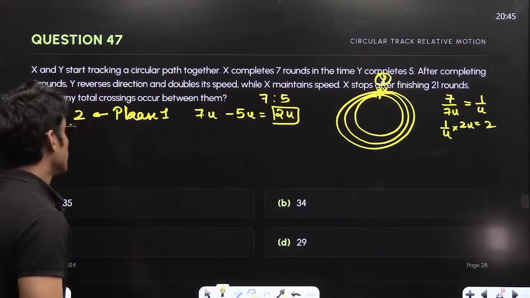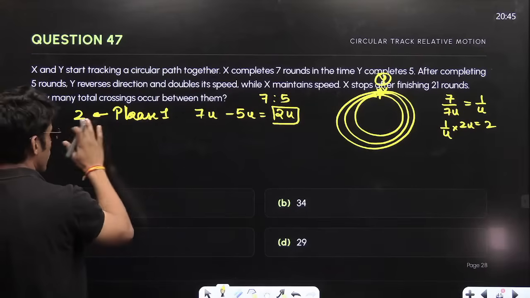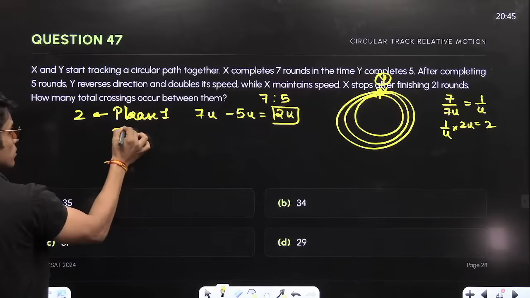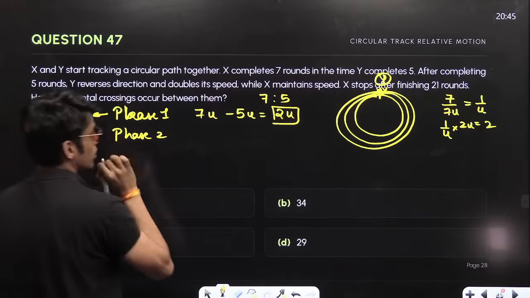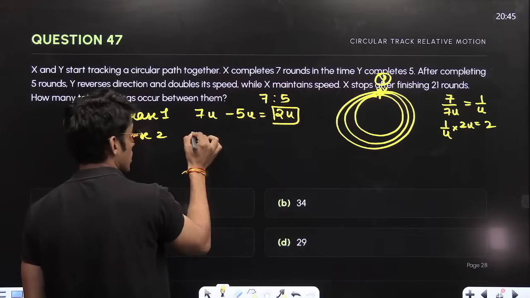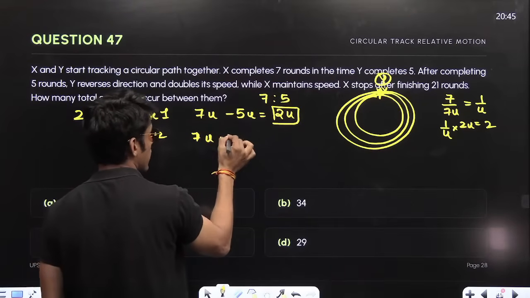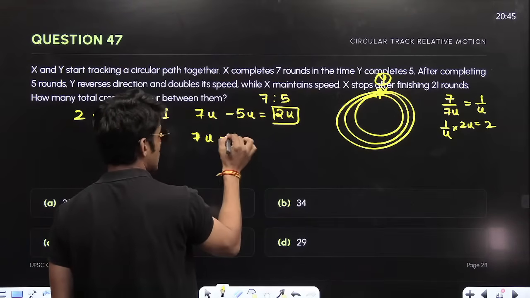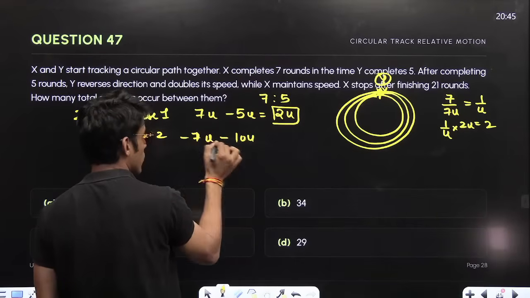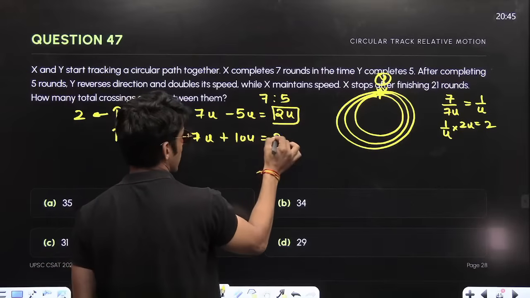Now, in phase 2, this guy is moving at a speed of 7U and this guy is moving at a speed of 10U. Now you will make X stationary, so your relative speed is 3U.